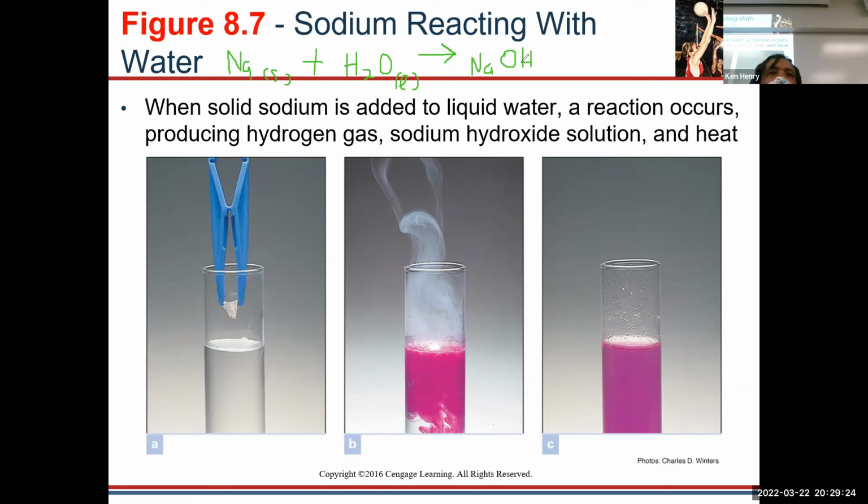So anytime that you see solution, we know that that's going to be aqueous. Plus H2. Yeah, but it also means it's a solution as well, too, because acids are solutions, right? That's right. It's for both.